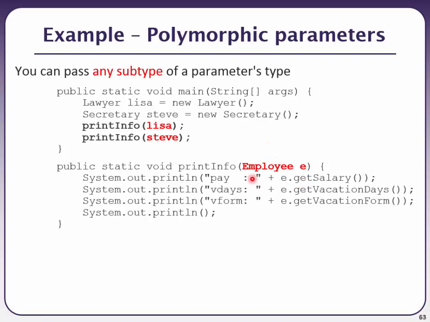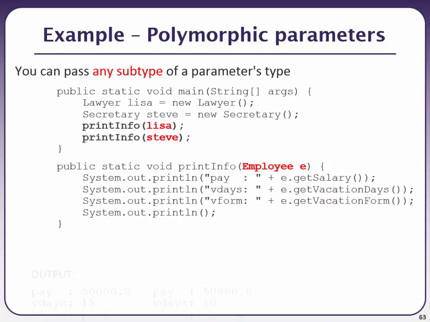And inside this method, because e is defined as a parameter of type reference to an object of class employee, we can call any method that has been defined in the class employee. And if it so happened that the subclass overrode that method, then the version that will be invoked automatically for us is going to be the overridden version.